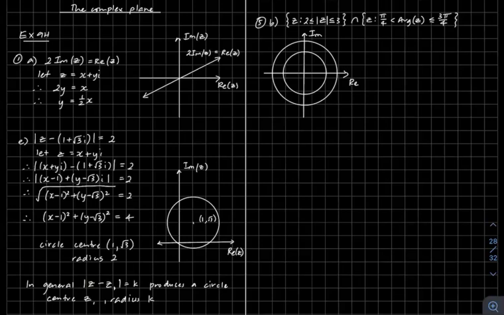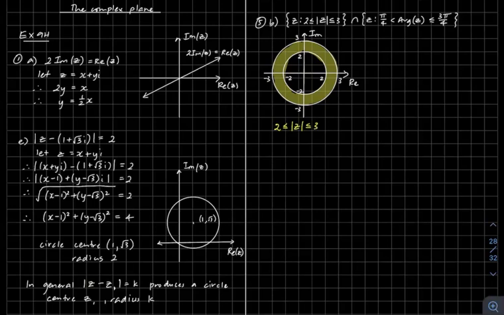So if I could shade in this area here, doing a fairly rough job of that, and let's say this is radius 3, this one's radius 2, so 3, 2, negative 3, negative 2. Alright, so that one there is demonstrating, let's use yellow for this one, 2 less than or equal to mod z less than or equal to 3.